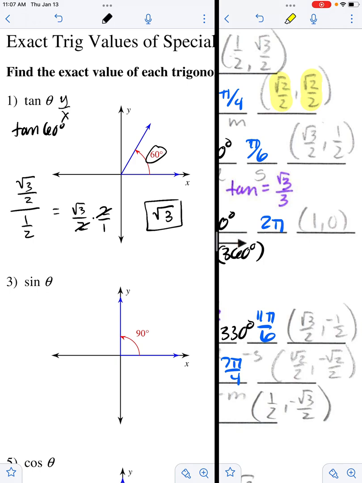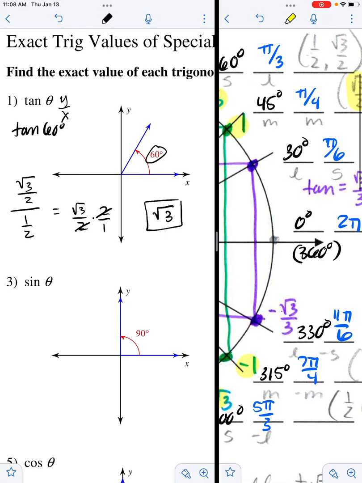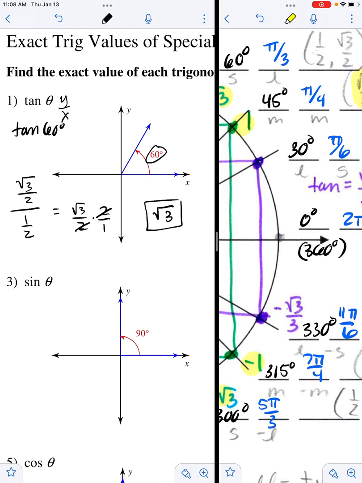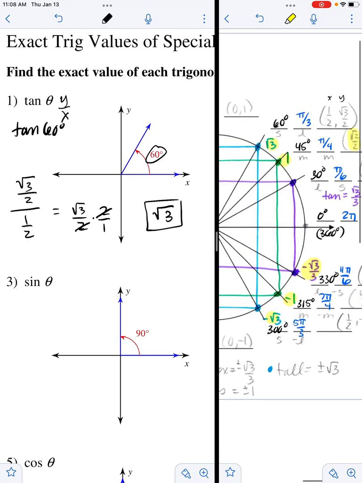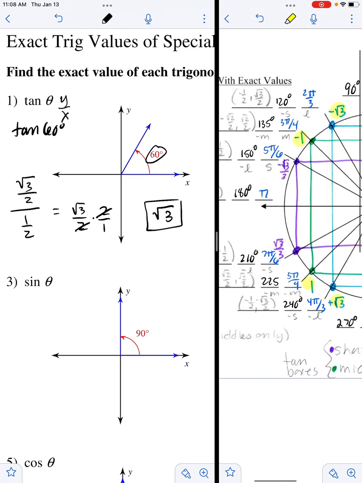If I was putting the y over the x, I'd end up with root 2 over 2 over root 2 over 2, and I'd have something over itself, which cancels out or reduces to be 1. And then the purple boxes, they're all going to be root 3 over 3's. And I have that in each of the corners.